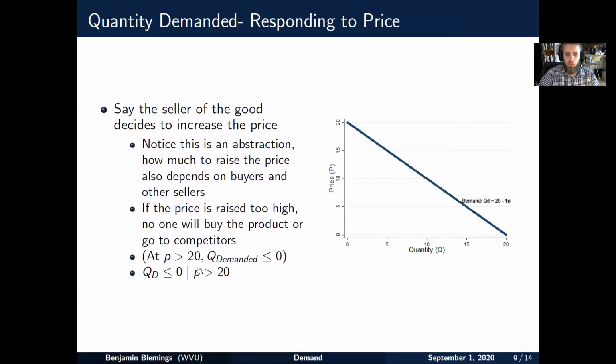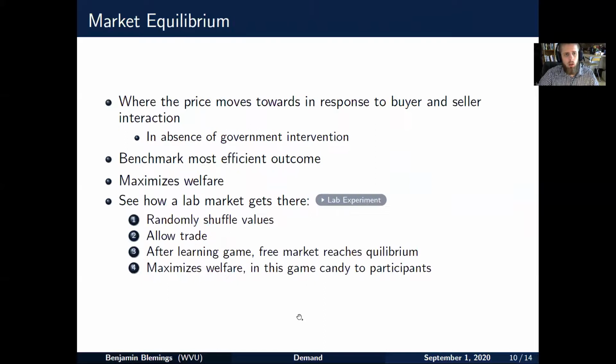At price greater than 20, quantity demanded is less than or equal to 0 because no one wants to pay $20 for whatever good this is. Another way that can be written is quantity demanded is less than or equal to 0, conditional on, that's the vertical line, price being greater than 20.